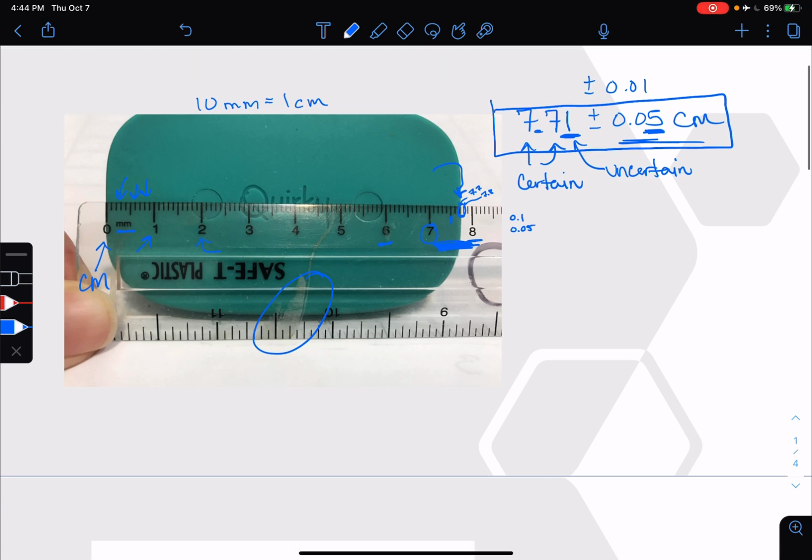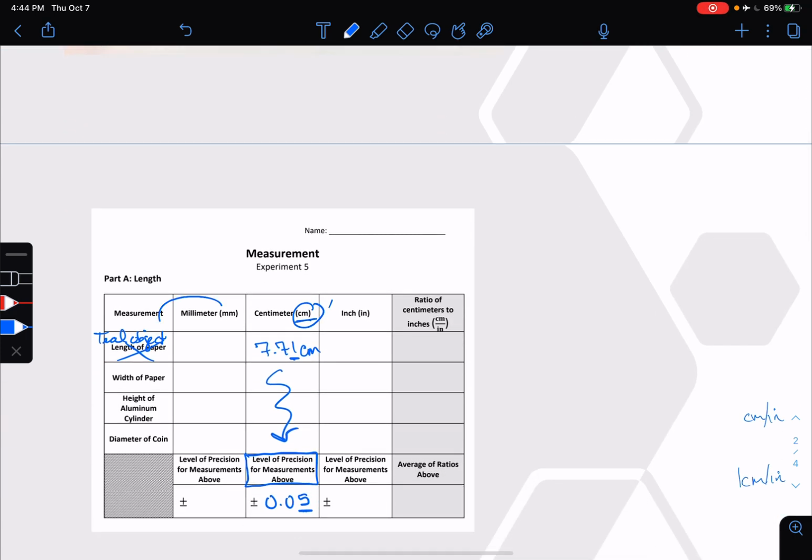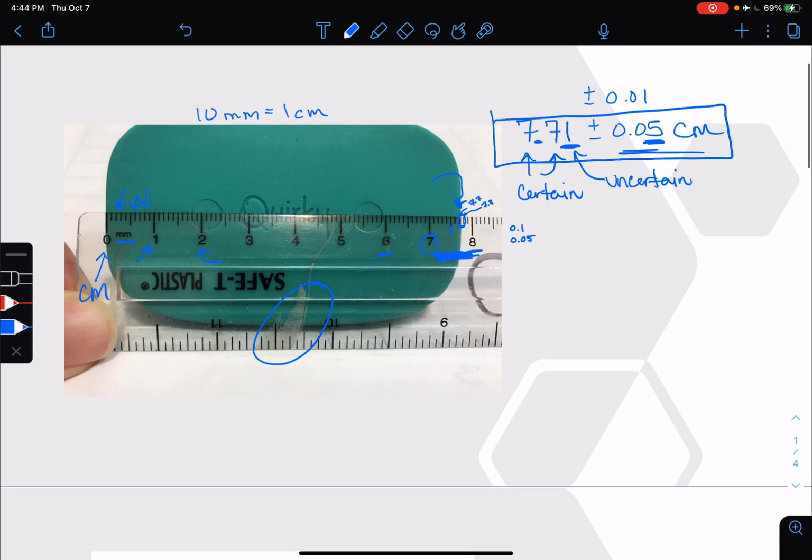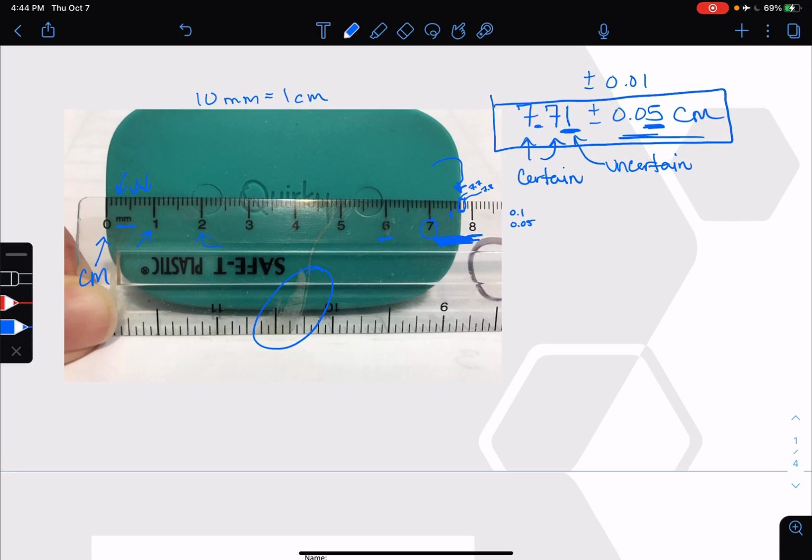Because that was the first thing that was on the table anyways, millimeters. Well, we already defined this. We have 10 millimeters per every 1 centimeter. So I know that that is just going to be 77.1 millimeters.